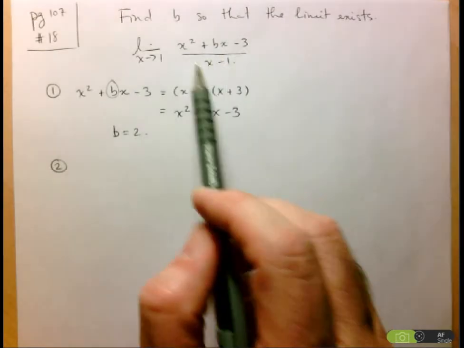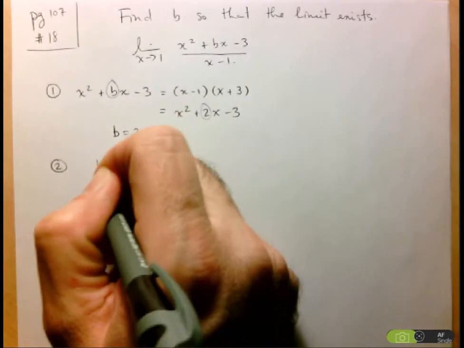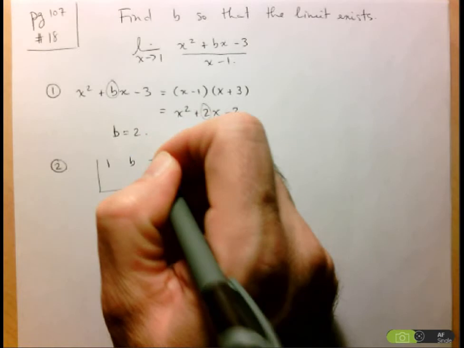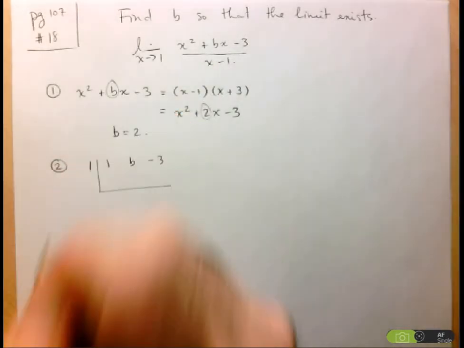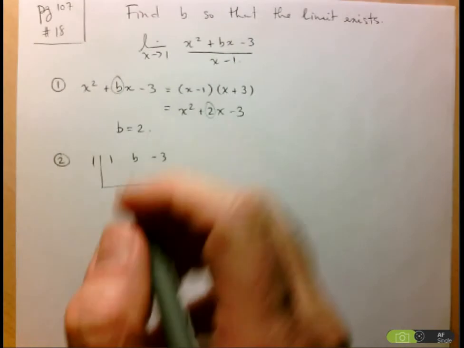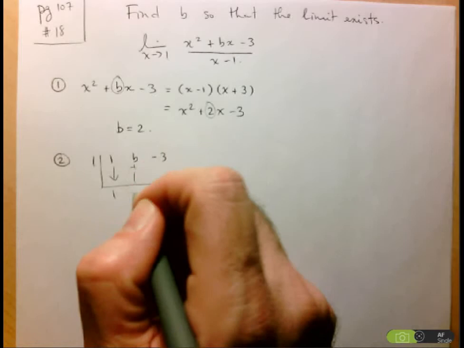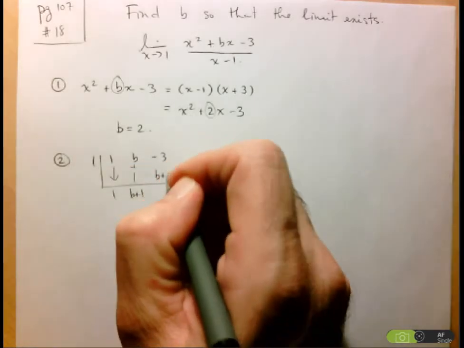So here, because I'm dividing by a linear, I can just use synthetic division. I put 1, b, -3, and I'm dividing this polynomial by x minus 1, so that means we've got a 1 here. Bring this down, 1 times 1 is 1, so b plus 1, and then 1 times b plus 1, so b plus 1 here.